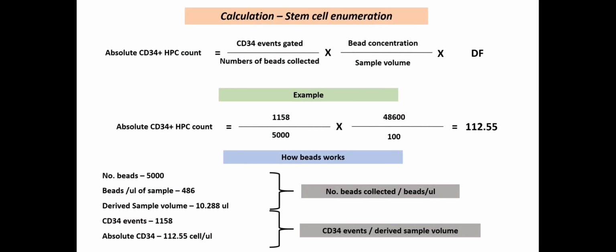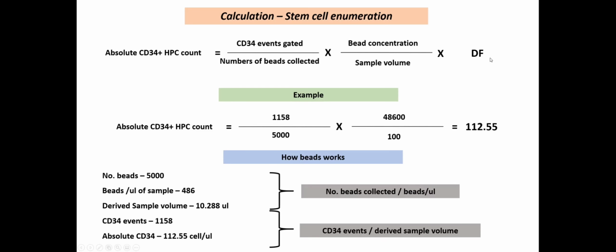For the calculation of hematopoietic stem cells, for the single platform assay, the formula is: absolute CD34 positive HPC count is equal to number of CD34 events gated divided by number of beads collected, into bead concentration, divided by sample volume, and into dilution factor.